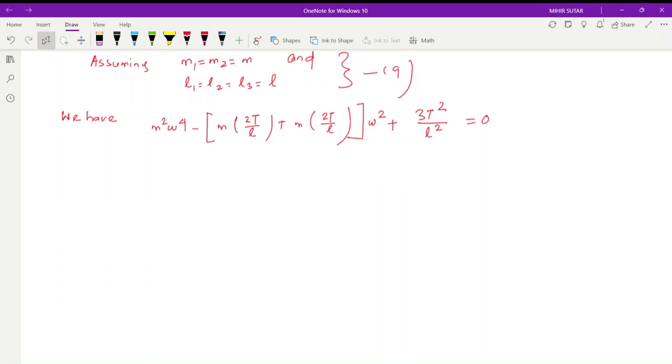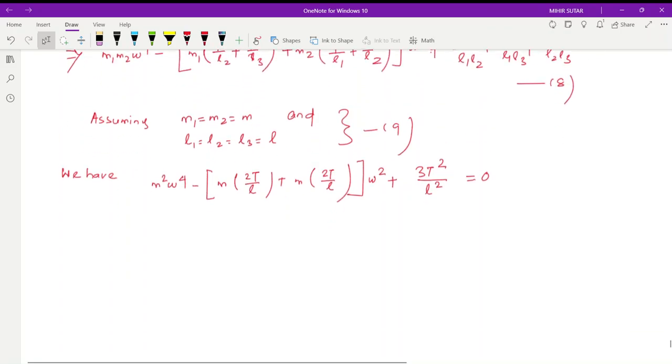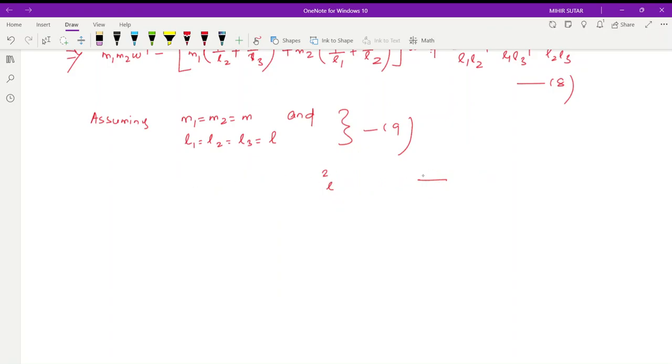Or we can do one thing. Let us write in this way. Let us erase this and write in a new way.